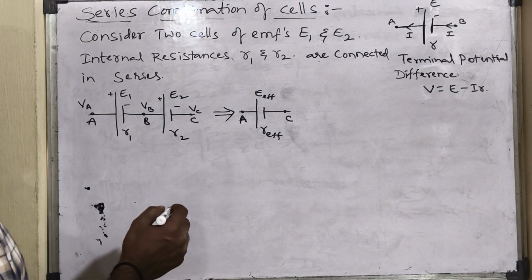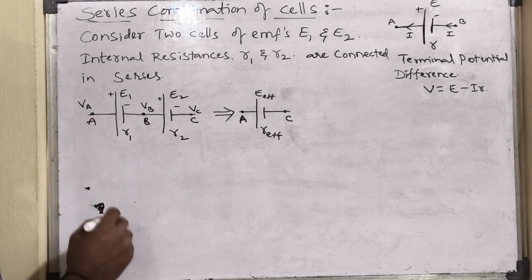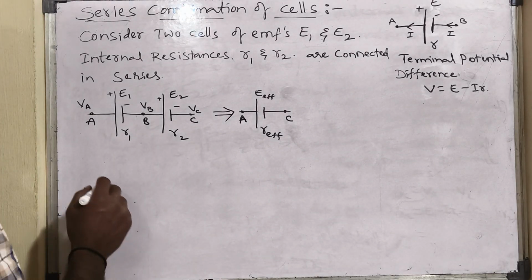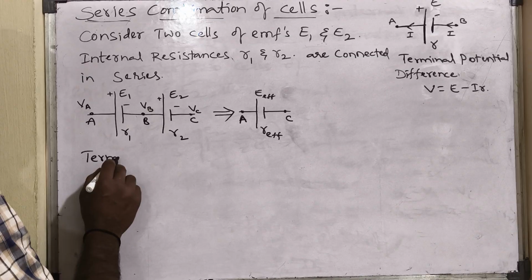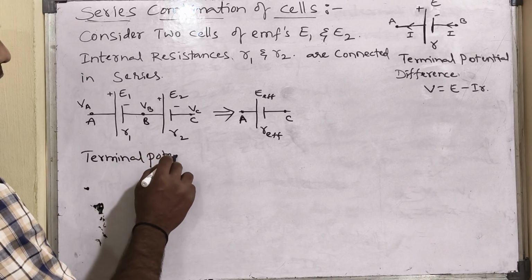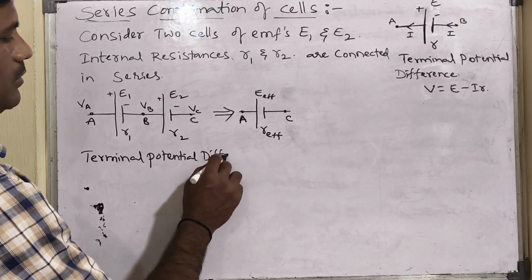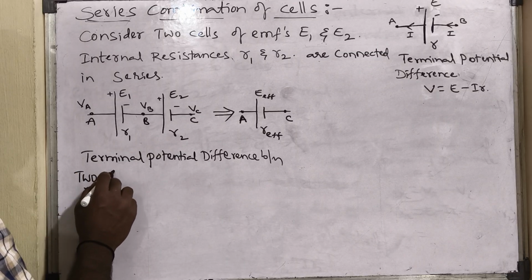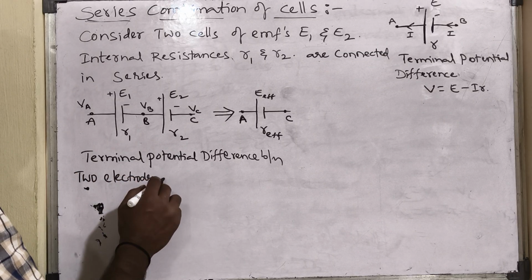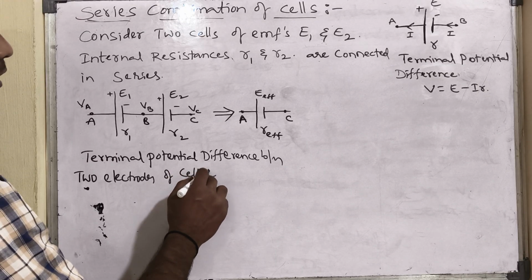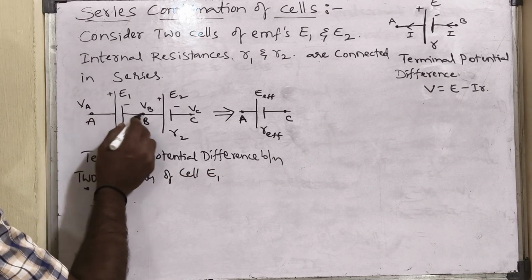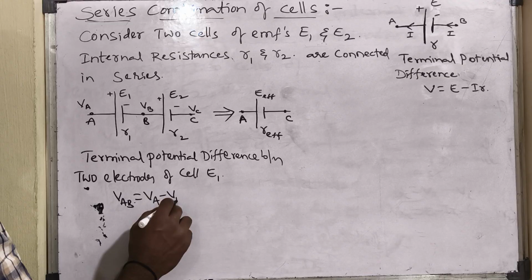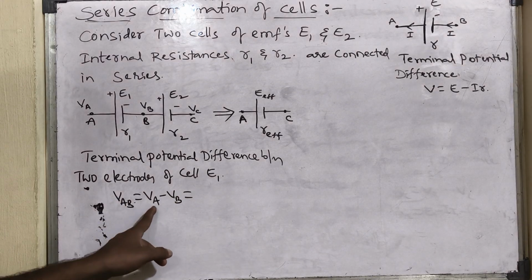Right. The potential difference between the two electrodes, positive and negative, of the first cell E1 is the terminal potential difference, between points A and B. So VAB is equal to VA minus VB.